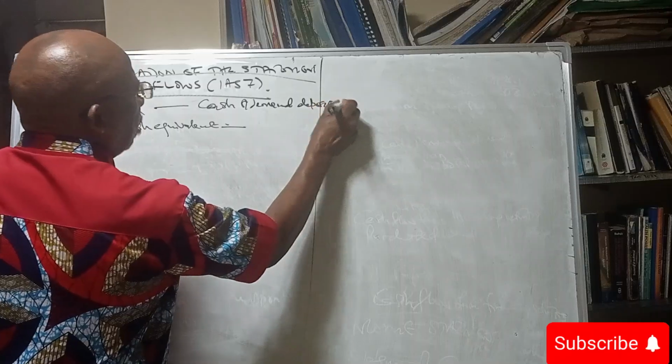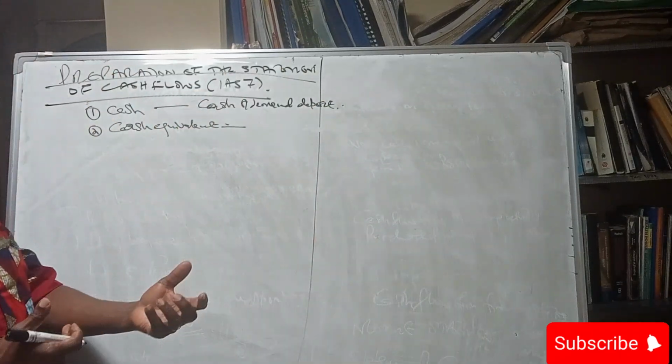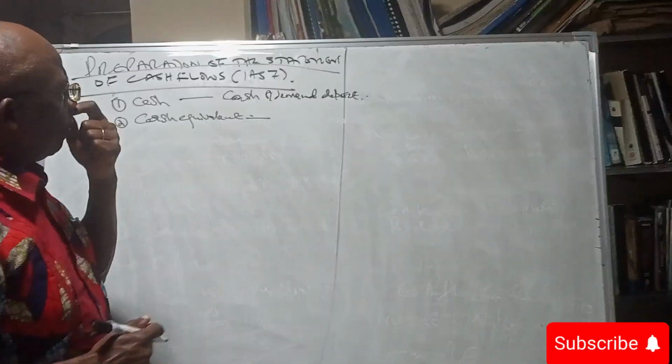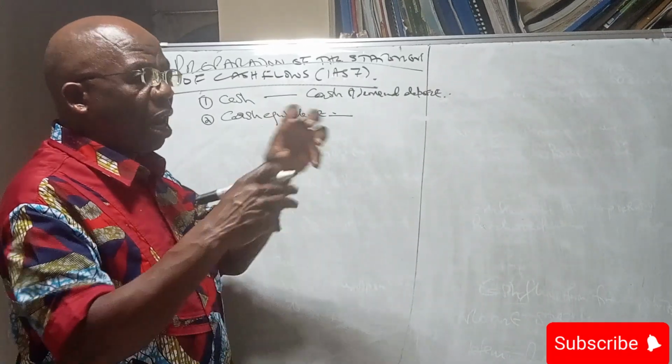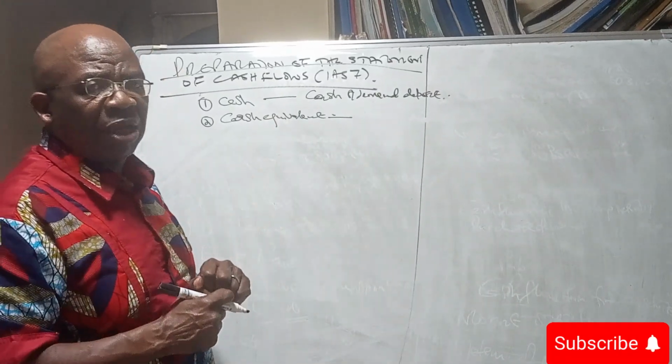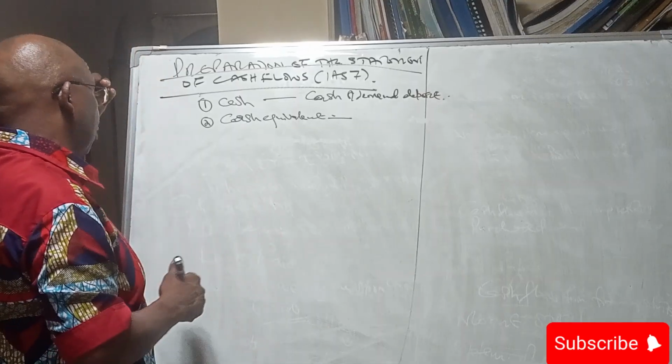What do you mean by demand deposits? These are deposits you can easily get. Go to the bank, you have deposited the money with them, and they are giving you something small in terms of an interest, but you can pick that money anytime without any loss in the value.